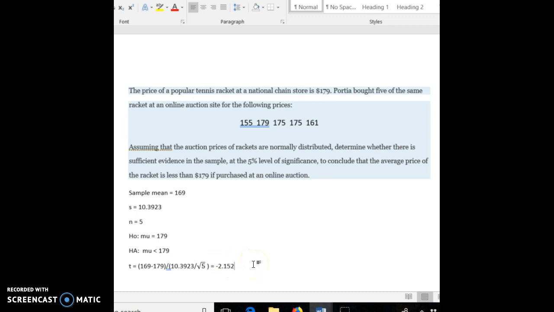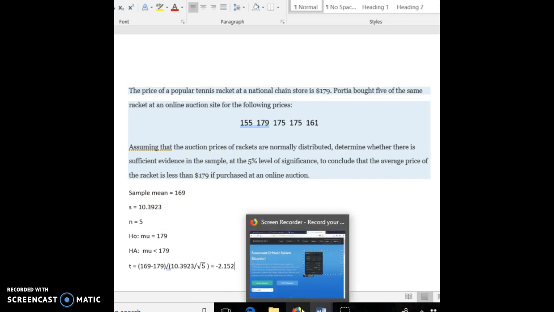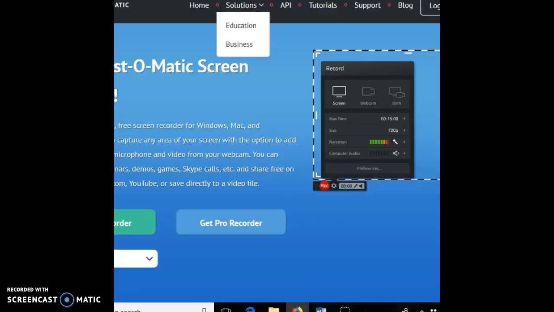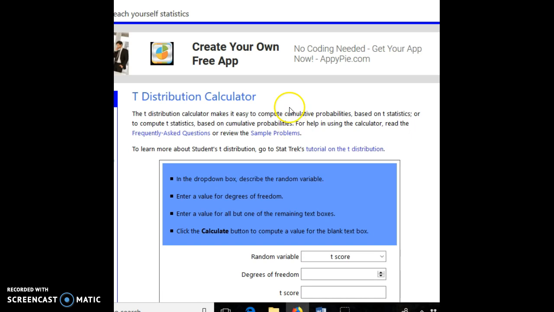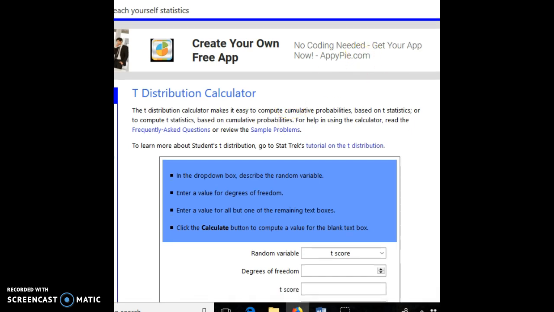All right, now, using our level of significance of 5% or 0.05, we need to find our critical value. Now, since we did not have the population standard deviation, we need to use a t-table to look it up. And I'm going to, again, use that Statistic site to help us find that t-value. All right, so here's a t-distribution calculator.